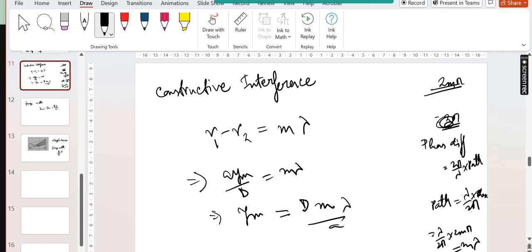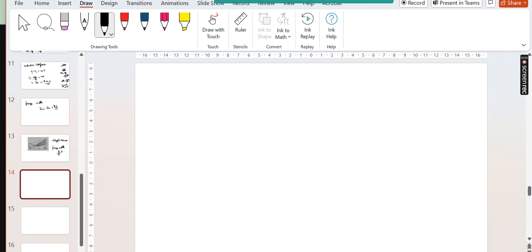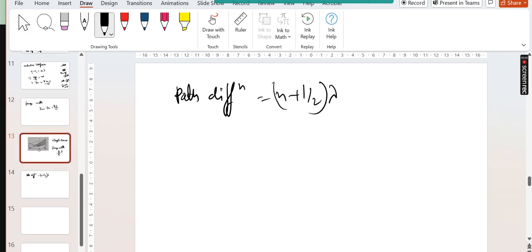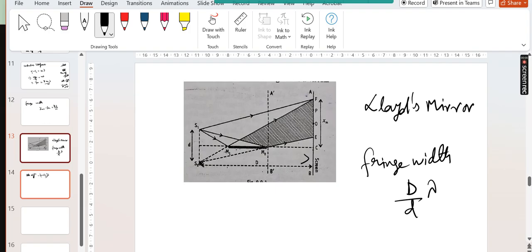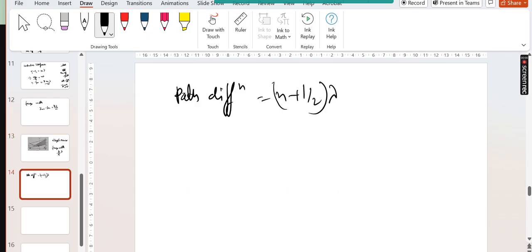Like Young's double-slit experiment, where constructive interference happens when the path difference is equal to n lambda. Here the path difference, destructive interference will happen when path difference is n plus half lambda. Because of the reflection, there is a sudden phase change of pi.